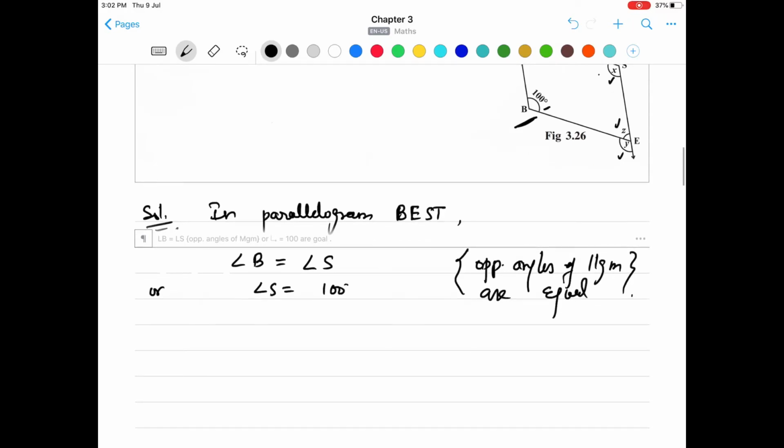That's why the measurement of angle S is equal to 100 degrees, and S is given as x. So in the place of x we can write x is equal to 100 degrees.